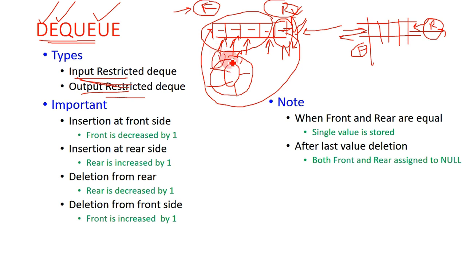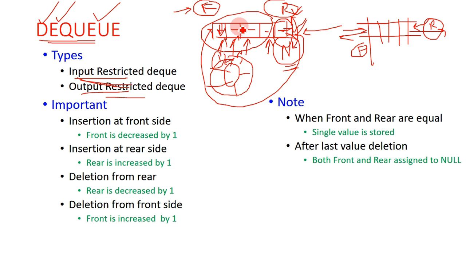When you connect n with 1, if you do insertion till the end and now you want to insert, this is not possible in a normal queue, but when you use the circular queue, n is connected with the first location. So in this case you can insert a new value at the first location in a circular queue.